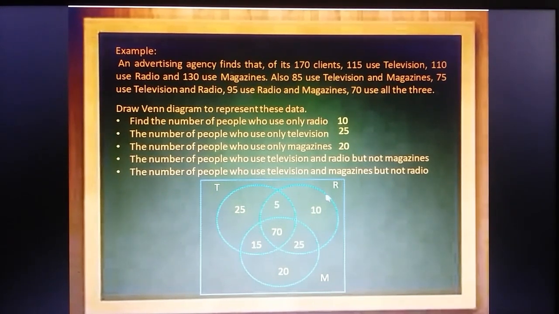Television and radio. Silang dalawa. But not magazine. 5. Television, radio, ito yan. 5. The number of people who use television and magazines but not radio. Itong dalawa lang, so that is 15.